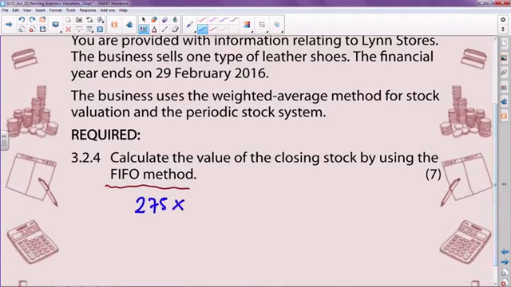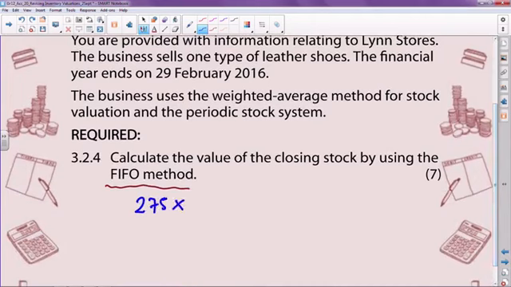Right, let's take the 50 units and we say, right, fine, we've got 50 of these units left over. Once again, the cost price is 710 Rand, and the carriage is 30 Rand, so add the two, 710 plus 30 will give you 740 Rand.